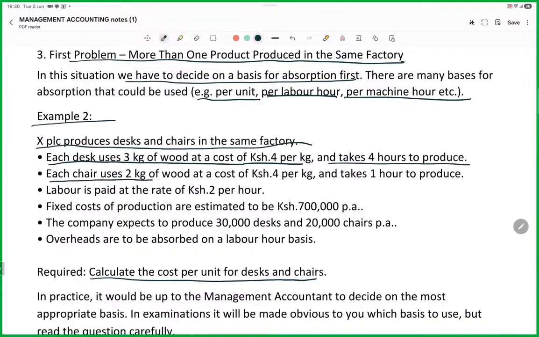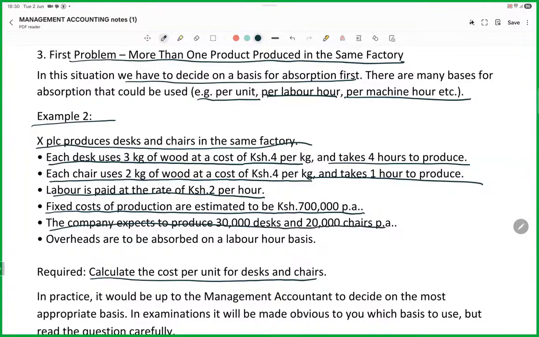Each chair uses 2 kilograms of wood at a cost of 4 per kilogram and takes 1 hour to produce. Labor is based at the rate of 2 per hour. Fixed costs of production are estimated to be 700,000 per annum. The company expects to produce 30,000 desks and 20,000 chairs per annum. We are told here, overheads are absorbed on a labor hour basis. So required, calculate the cost per unit for desks and what here? Chairs. Shall I give you 3 minutes?